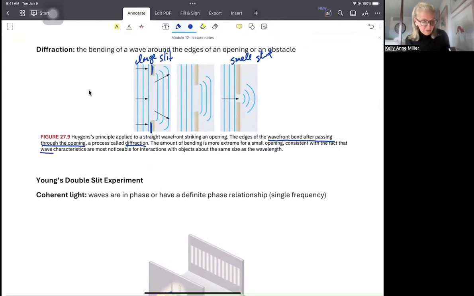Light behaves most like a wave when the slit, the aperture, is about the same size as the wavelength, right? Which means this aperture would be very, very small. That's when you're going to see the most bending or diffraction. Okay, if we define the aperture as A.